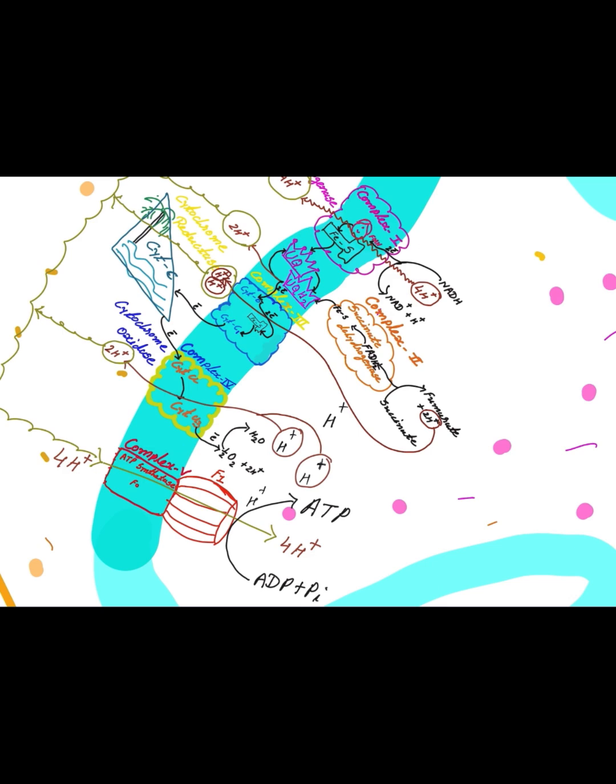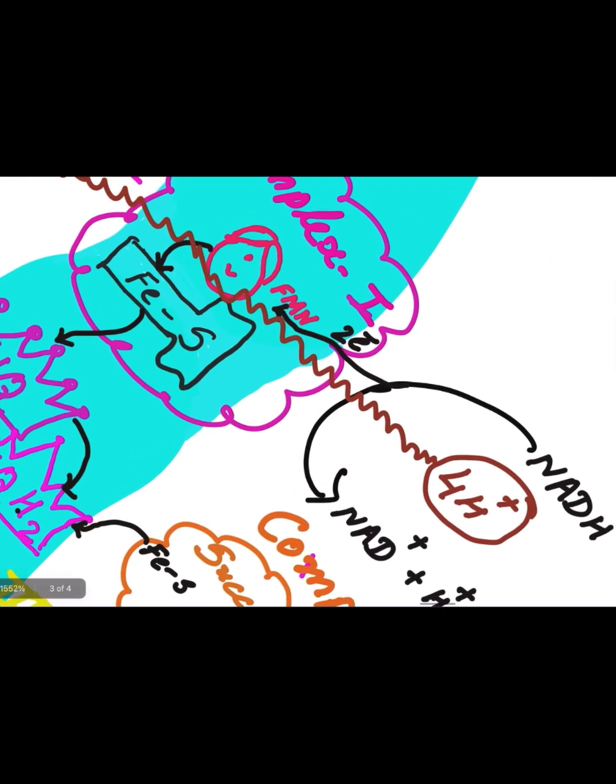Now, the NADH that is produced during glycolysis or the TCA cycle, when it gets oxidized, forms NAD plus H plus and 2 electrons are given. These 2 electrons are accepted by flavin mononucleotide.